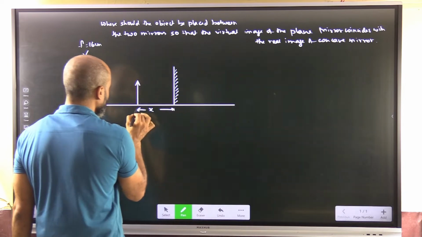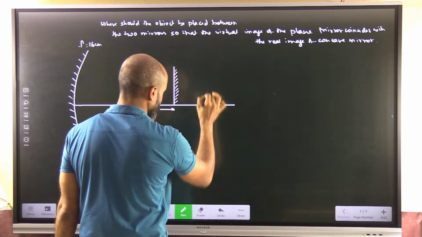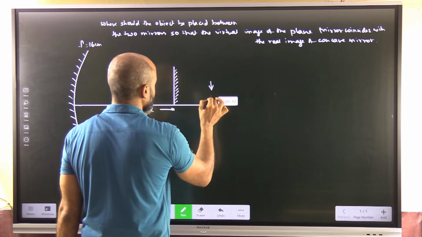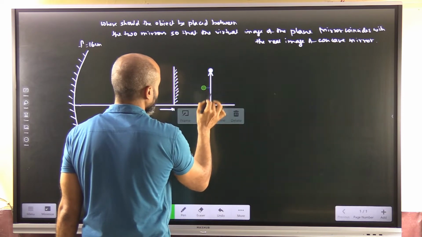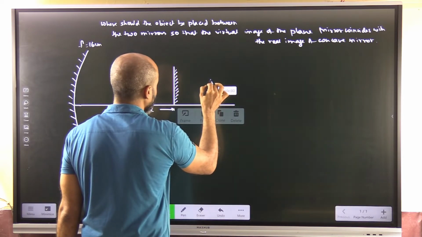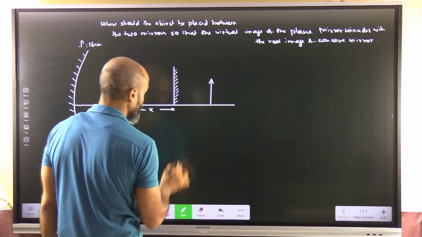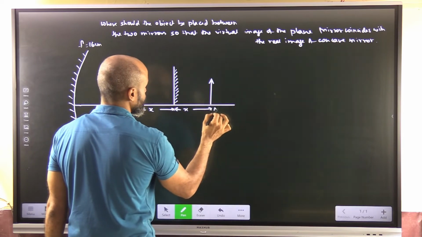Now obviously if this is AB, the virtual image of this object will be formed somewhere here, and it will be of the same size as the object, because this is plane mirror reflection. So obviously this distance is going to be x itself, and let's say this is A'B'.